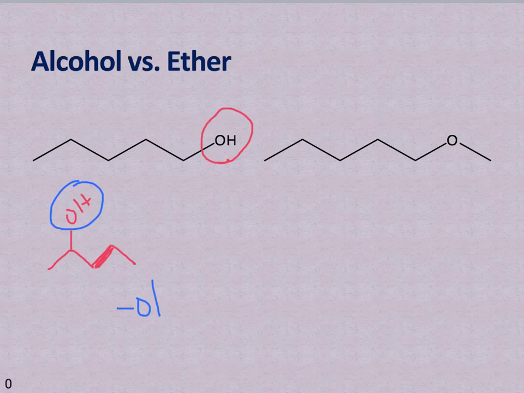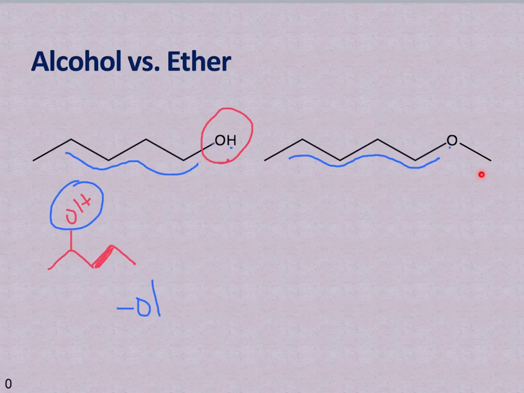For an ether, which is very similar to an alcohol, and it doesn't appear that way at first, but what we see is that we have a chain of carbon atoms in our alcohol, we have an oxygen and then a hydrogen attached. For an ether, we have a chain of carbon atoms, we have an oxygen, but instead of having a hydrogen here at the end, what we have actually is a carbon or a carbon group.